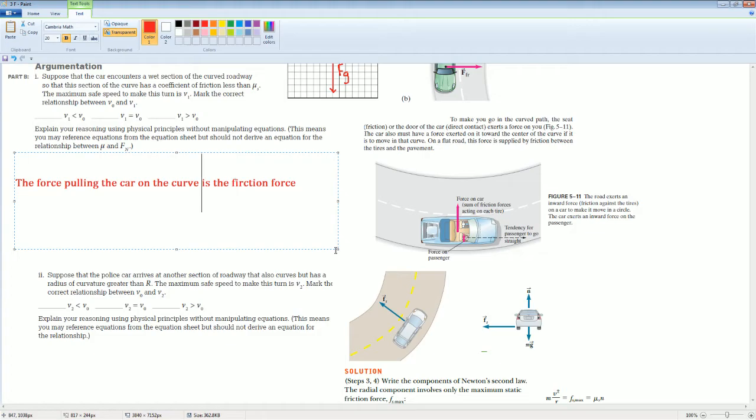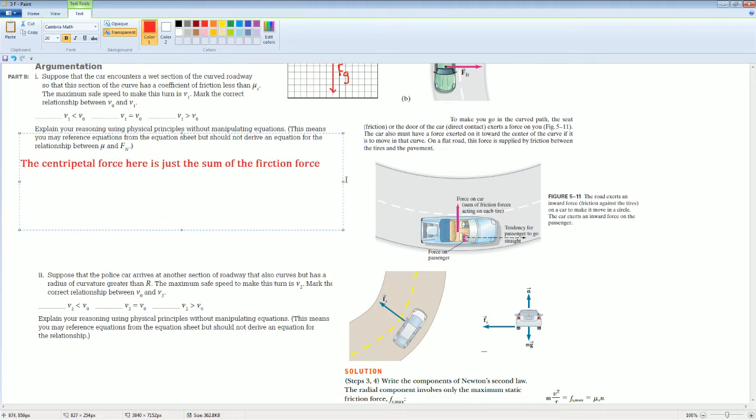And we have a special name for the force that's pulling the car on the curve. We call that the centripetal force. The centripetal force here is just the sum of the frictional force. Remember from the workbook sections before this, the centripetal force is a combination of certain forces, and in this case, it is just the friction force here.